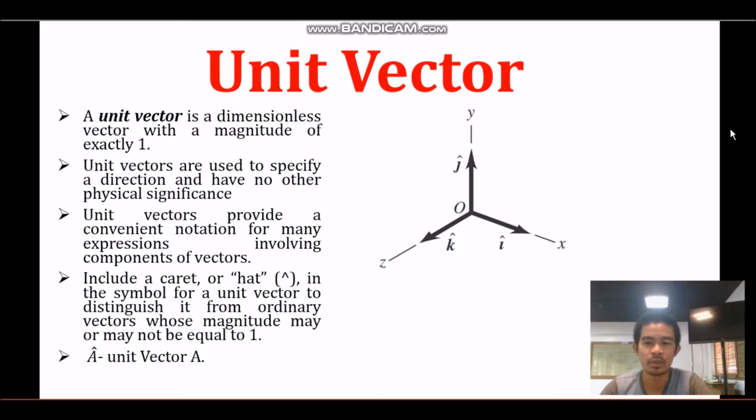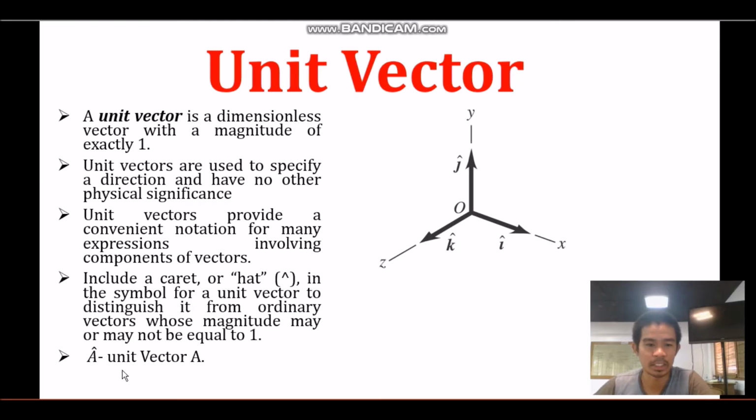So how will we represent a unit vector? A unit vector is represented by a letter with a caret above it, or what we call a hat. So suppose we have vector A. What is the unit vector of A? Then we read this as A hat.